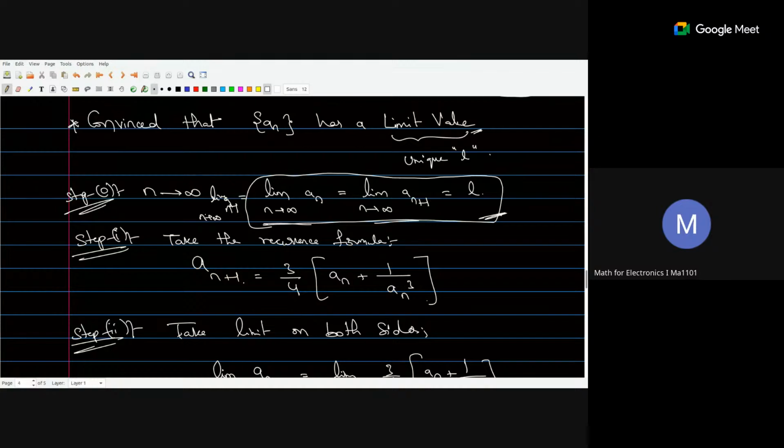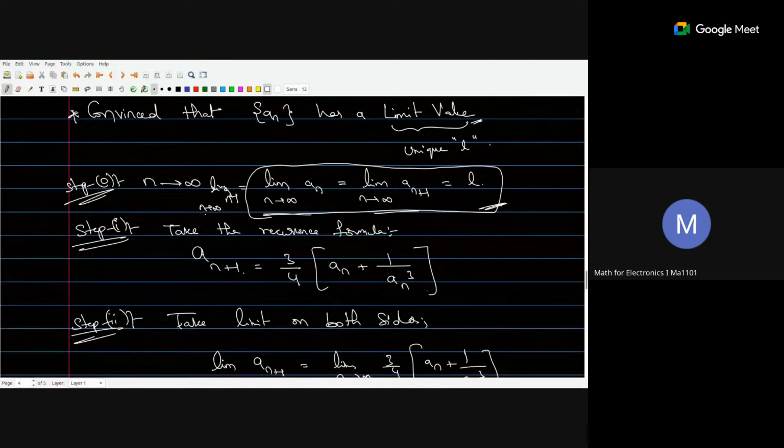If n is tending to infinity, all the terms at the end of the sequence will be equal to a single value L. Even though you see this term or the next term or the previous term, at the end of the sequence, all the values will be equal to L. That is what I am using here.